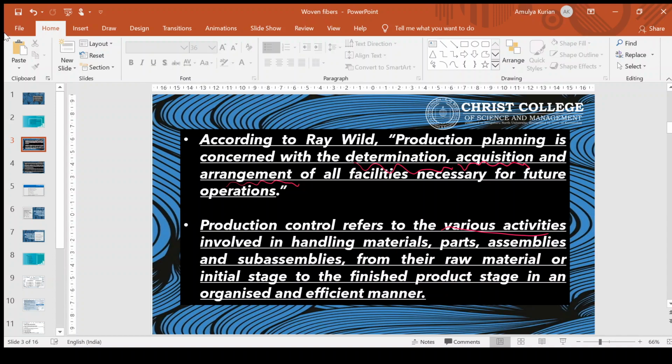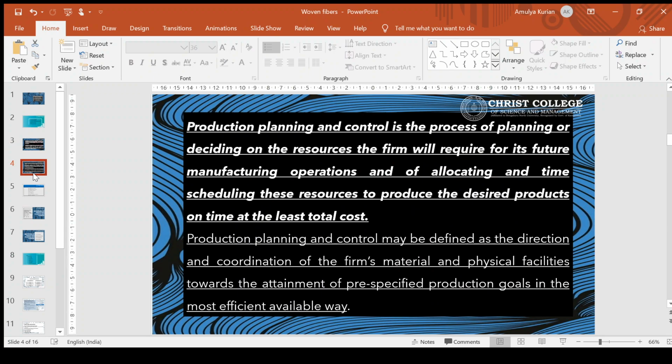Now, what is meant by production planning and control? Definition: it is the process of planning and deciding on the resources the firm will require for its future manufacturing operation, and of allocating and time scheduling these resources to produce the desired products on time at the least total cost. So, production planning and control involves both planning and controlling.